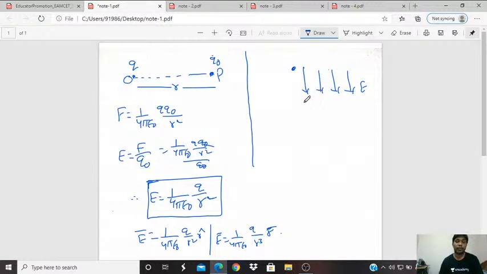In equilibrium, the net force balances the weight of the particle. See, E equal to F by q, so F equal to qE. So qE equal to mg.